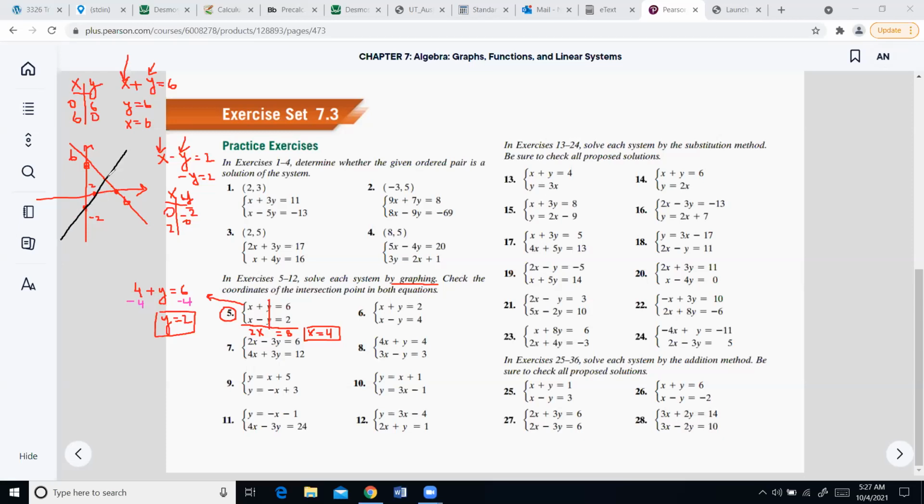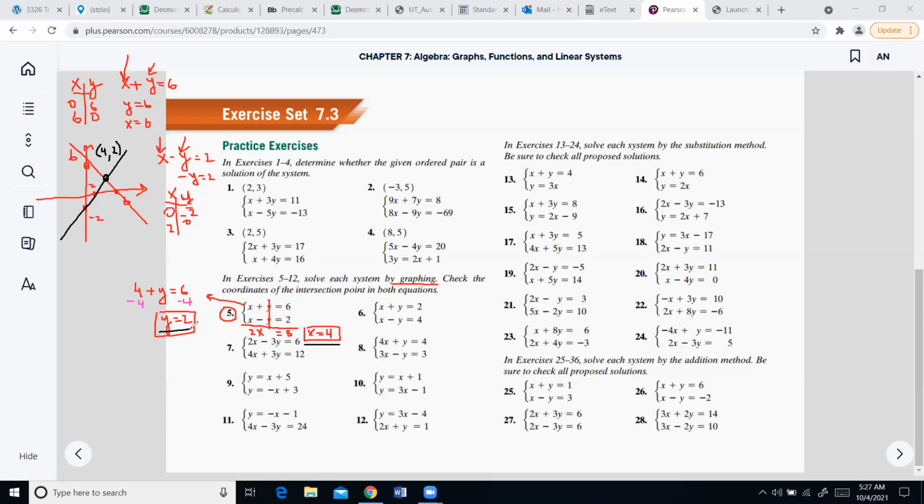But to see what the intersection is, it's not really that obvious, because it could be 4 or 5 or 3. Well, the actual point of intersection has coordinates x equal to 4 and y equal to 2. And that's what we just found. x is 4, y is 2.